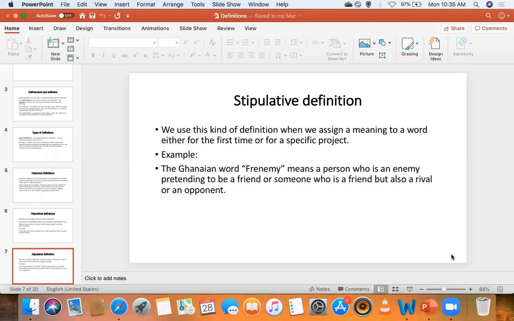So for the purpose of that project, you decide to disagree with the dictionary definition, and you come up with a definition that satisfies or at least extends to what you have noticed in your project. So the kind of definition you are creating in that project of income is a stipulative definition. So that's what we call stipulative definition.